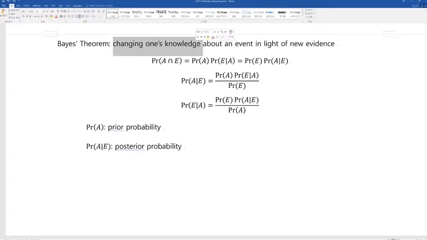That's how Bayes theorem is used. I hope you also try to solve the other example problems, there are two more, so that you have a very clear understanding of what Bayes' theorem is.